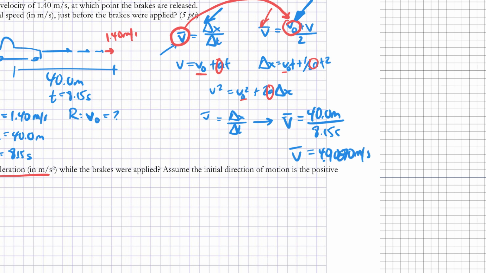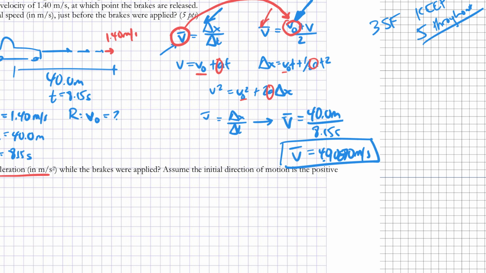Where I know that my final answer is going to have 3 sig figs, so we're going to keep 5 throughout the problem, to make sure that we don't have any rounding errors. Okay, cool. So that's really ugly written, but that's 4.9080.